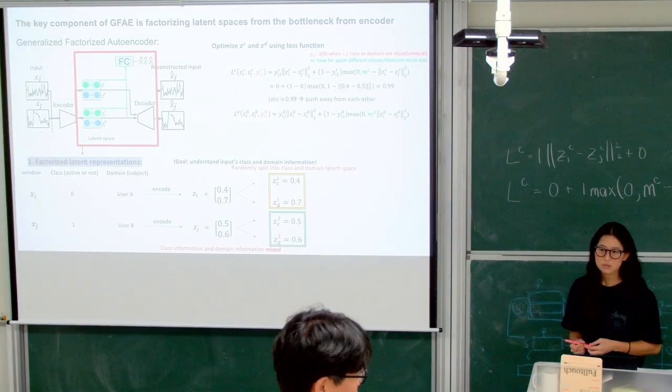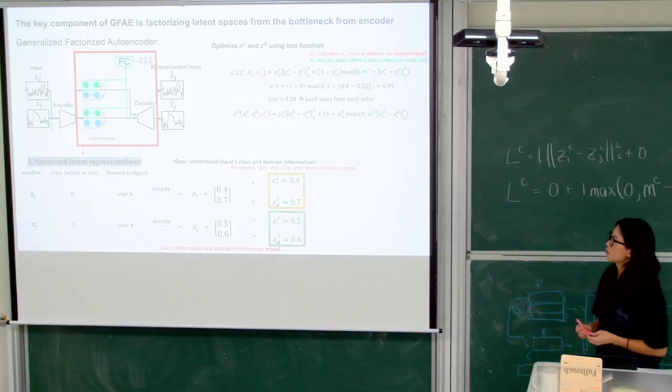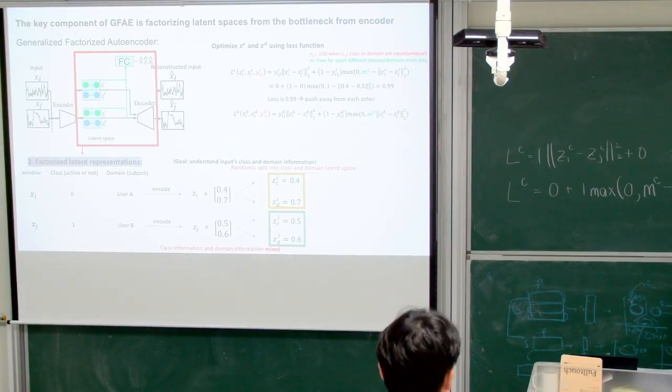I see. Because many data come from one person, because we have many windows. So in this video, we are going to separate it horizontally, and we expect that the upper one is from the same person.